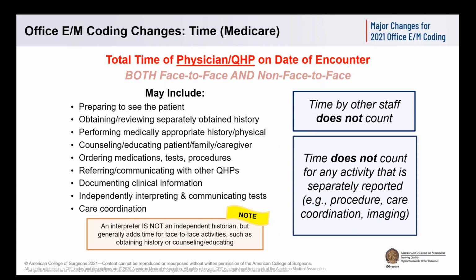So time by other staff in the office does not count, and time does not count for any activity that is separately reported. As I said before, if you perform an ultrasound or a procedure in the office, you have to subtract out that time. You can't use this. Okay, next slide.